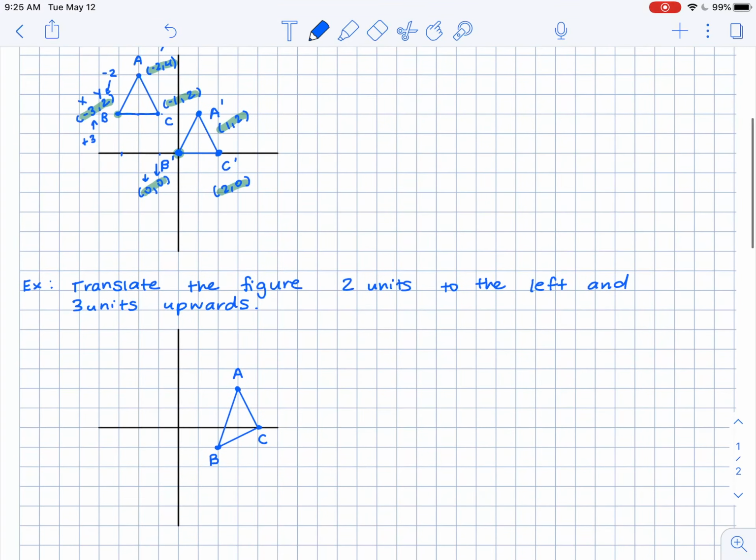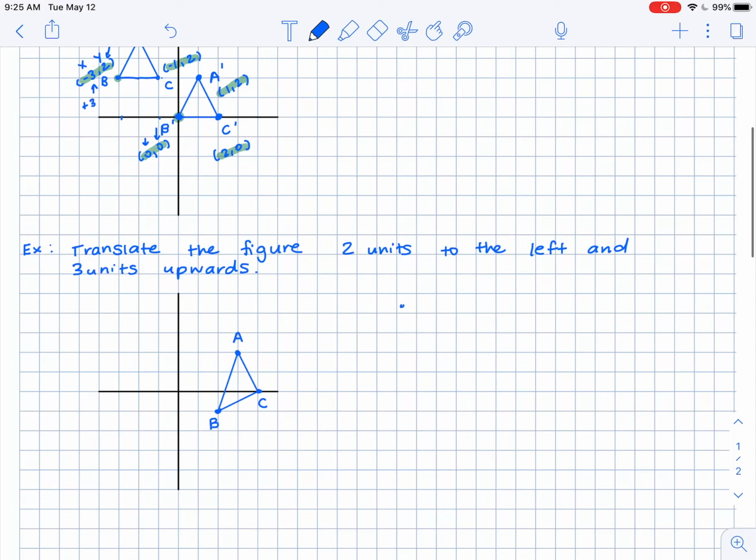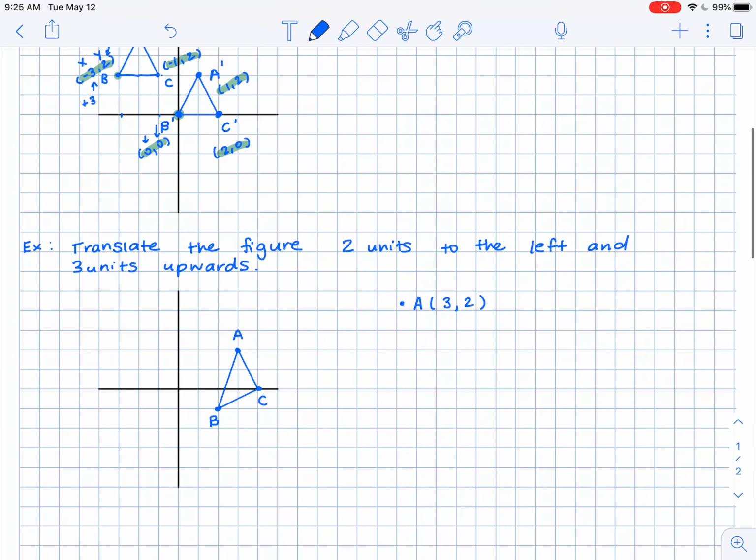Also, see if you could try to solve these algebraically. Okay, I'll write out the coordinates for you right here. So point A is 3, 2. Point B is 2, negative 1. And point C is 4, 0. Okay, go ahead, pause the video, and try both of these, sliding it and solving it algebraically. Okay, I'll be back in 5 seconds.